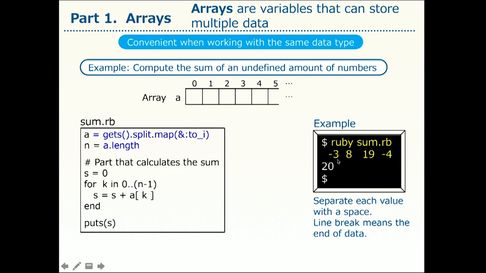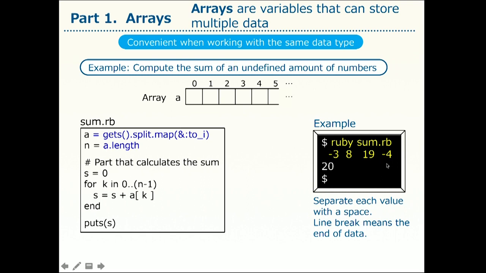Then the computer waits for inputs. Then we humans type a sequence of numbers, for example, -3, 8, 19, -4, and hit the return or the enter key.